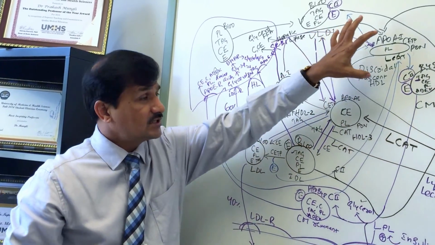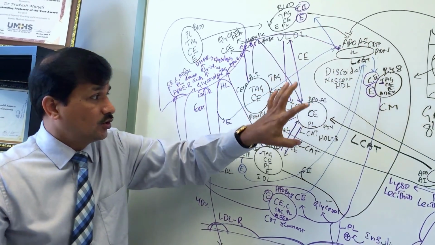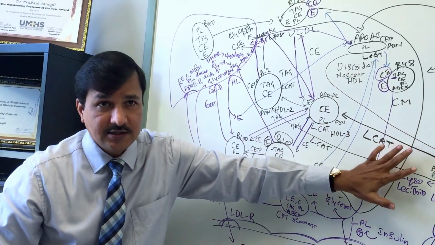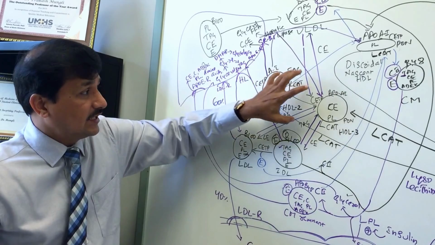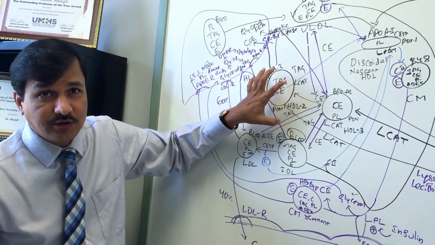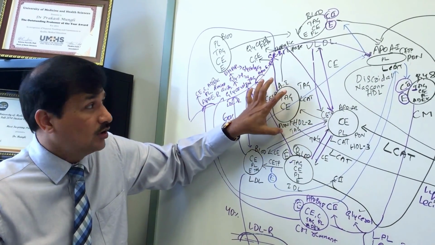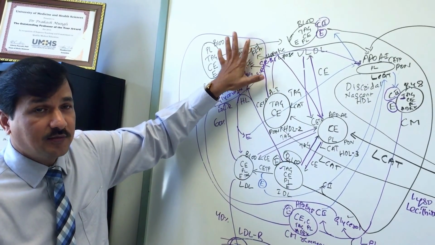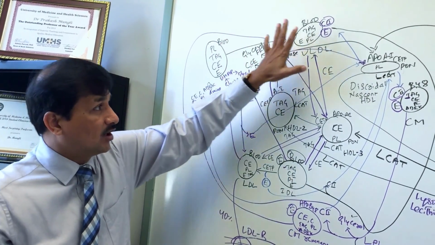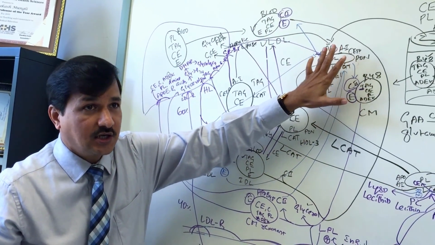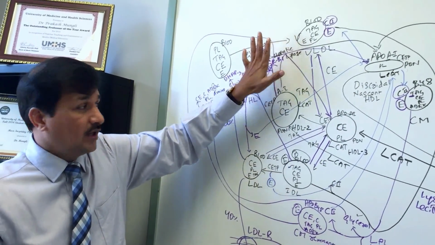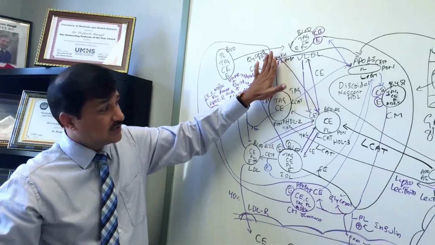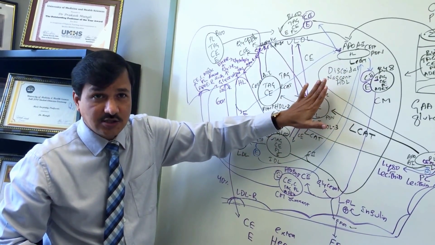So nascent discoidal HDL into HDL3 is done by the LCAT enzyme, and HDL3 into HDL2 is done by both CETP and LCAT. Now HDL2 goes back to the liver by the SRB1 receptor, coming out as discoidal nascent HDL after the action of SRB1 and hepatic lipase, or if only hepatic lipase acts, it comes back as HDL3.